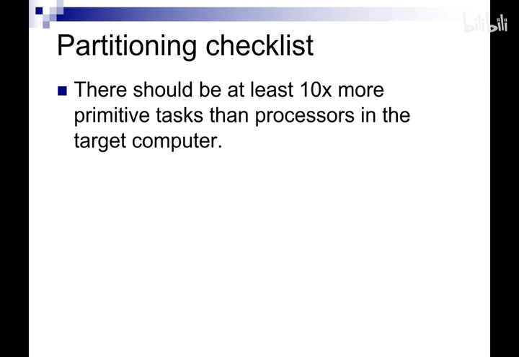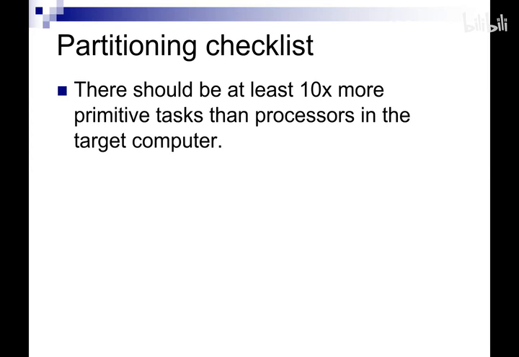Okay, so there are several things we want to achieve when we do the partitioning. First of all, we want to make sure that we have enough tasks to occupy all of our processors. A rule of thumb would be that you want maybe 10 times as many tasks as you have processors.